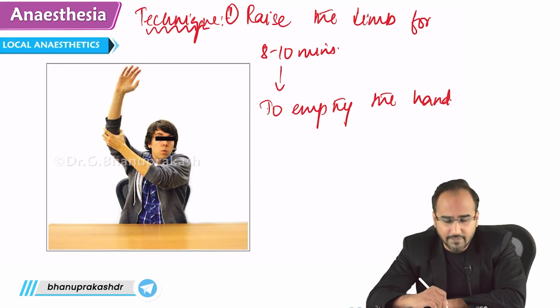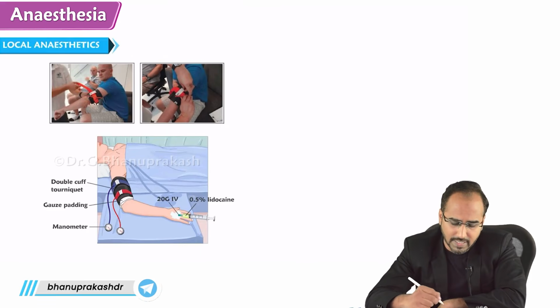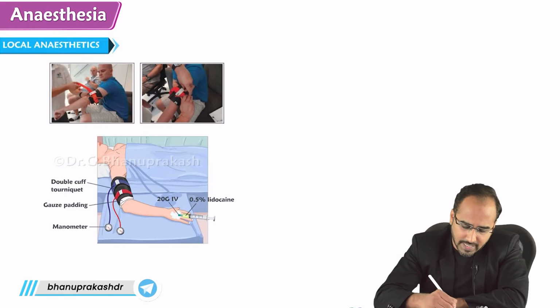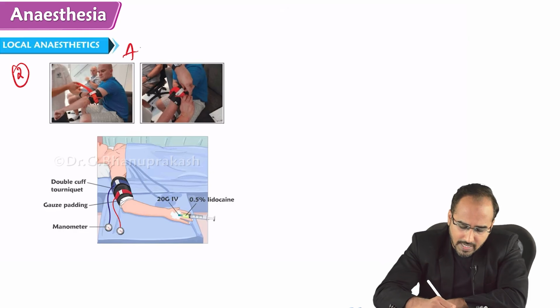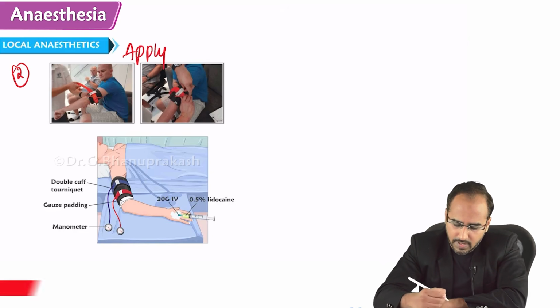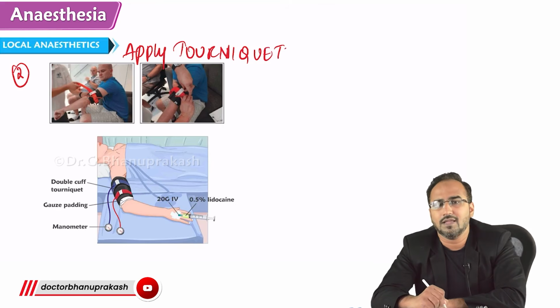After raising the limb for 8 to 10 minutes, next is the most important step in IVRA. The second step of IVRA is, you apply a tourniquet. I told you what a tourniquet is.